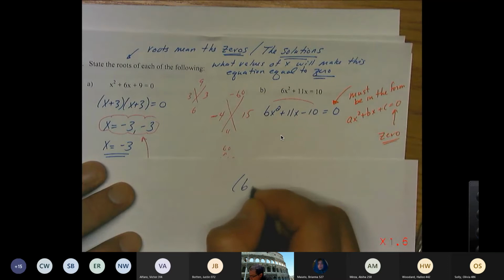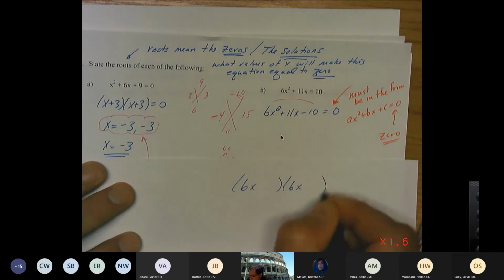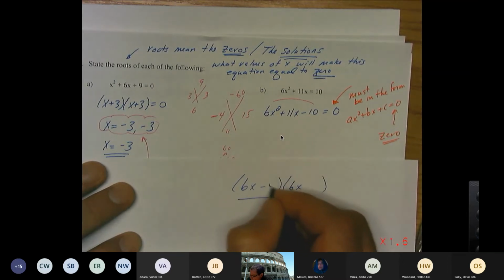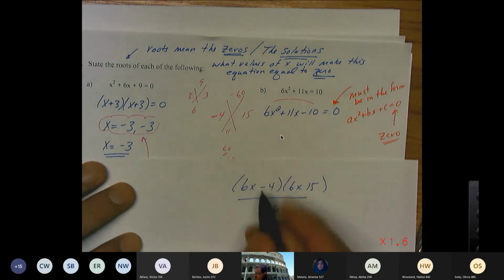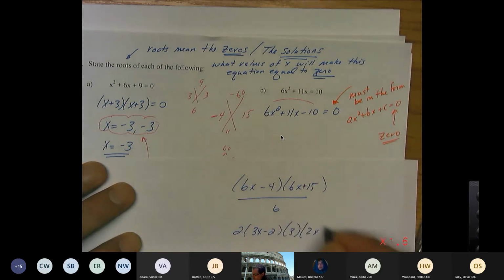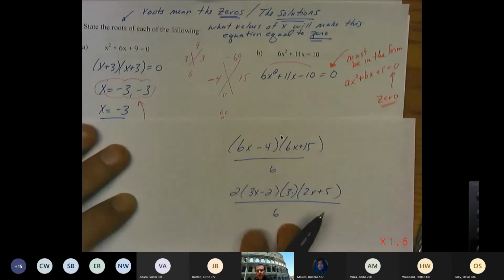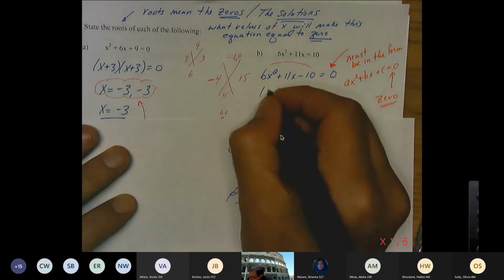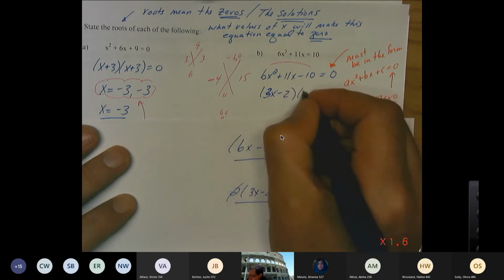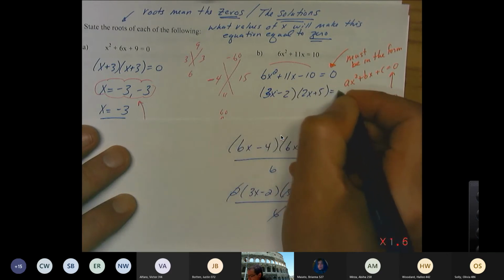So it's going to be 6x squared over top of 6, -4 and 15. I can common factor a 2 out of here. I can common factor a 3 out of here. Two times 3 will reduce with the 6 on the bottom. So that's going to leave me with 3x minus 2, 2x plus 5 equals 0.